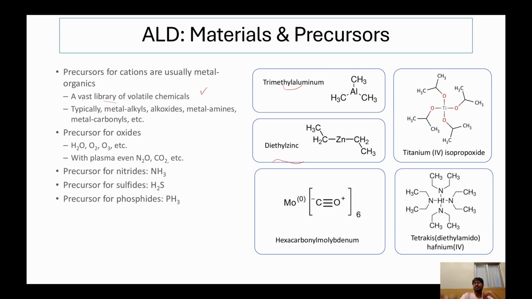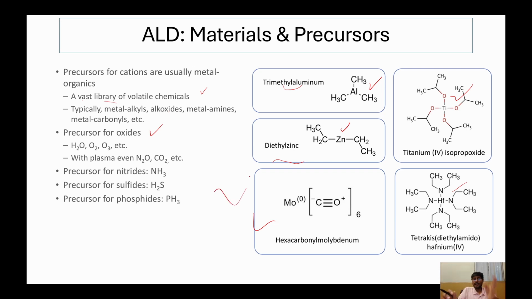This diethyl zinc is also another organometallic precursor, which is for zinc oxide, and this is for aluminum oxide. This is again for titanium dioxide, titanium isopropoxide, and this is for hafnium oxide, and this is for molybdenum oxide. These kinds of precursors are there, and the other precursors are the oxidants, to oxidize this material.